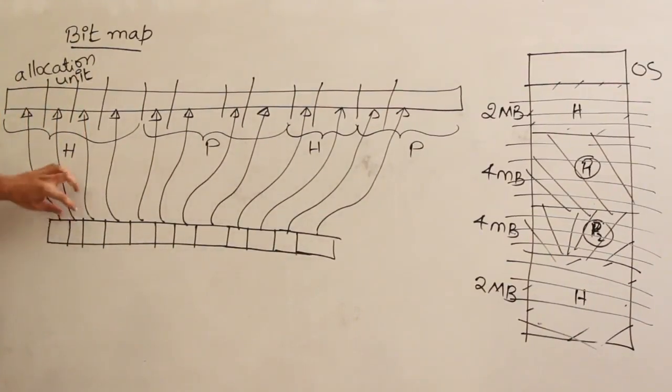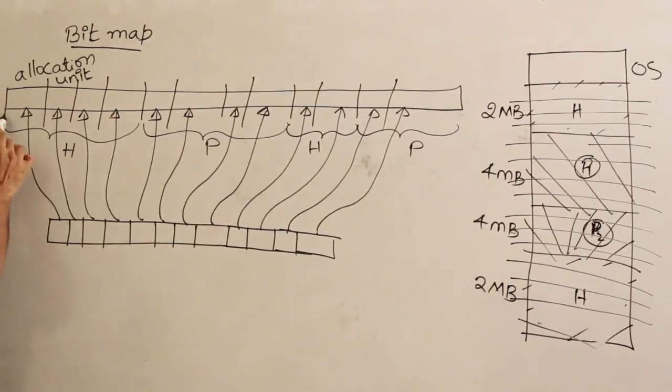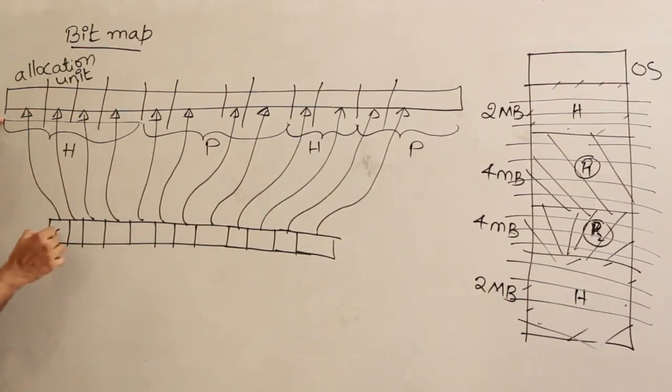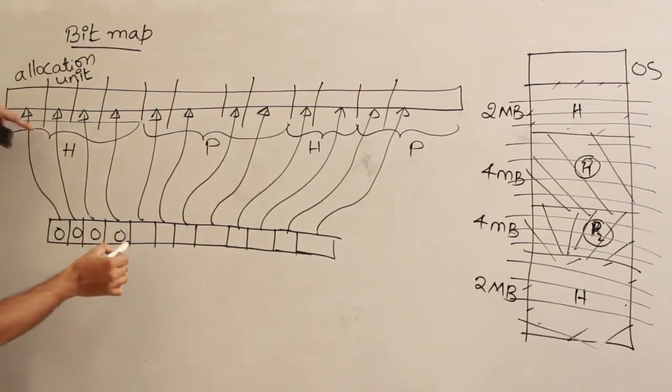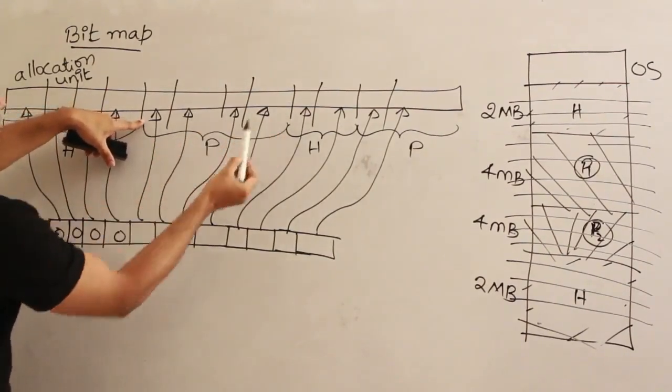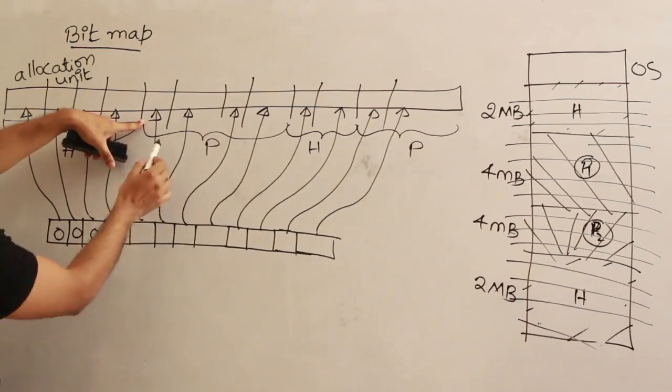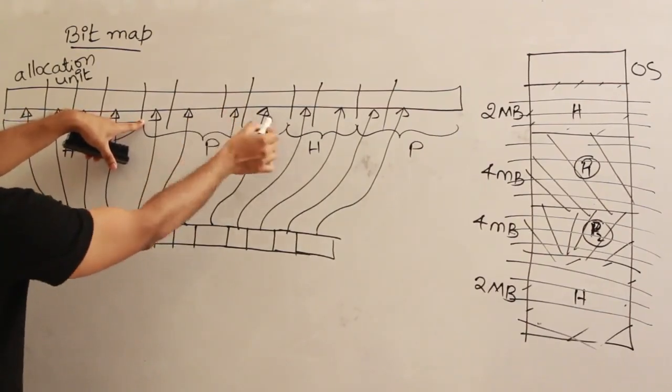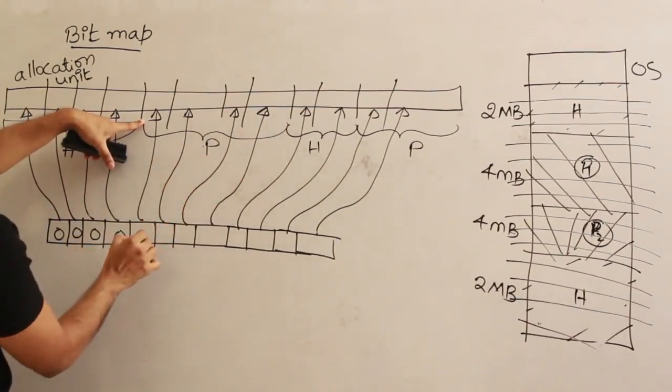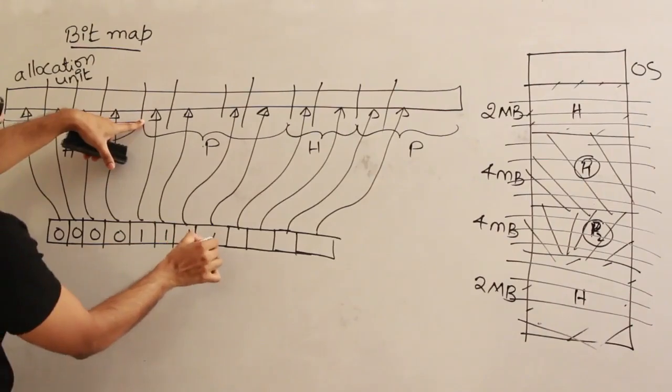Whatever allocation units are free spaces or holes, there I am going to put 0. See this entire part, it is completely going to be a hole, therefore all these allocation units are going to be zeros. So 0, 0, 0, 0, right? And this part from here to here is occupied by a process, therefore 1, 1, 1, 1, right?